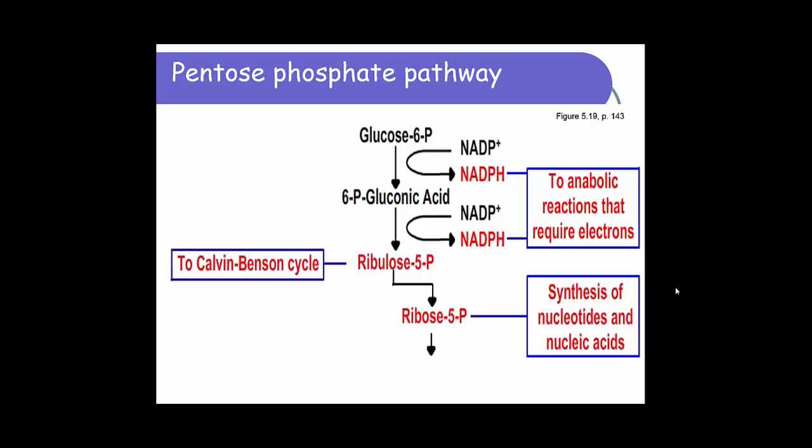Here's a simplified version of the pentose phosphate pathway. And again, note here, NADPH and the ribose 5-phosphate that will be used for synthesis of nucleotides in the nucleic acids.